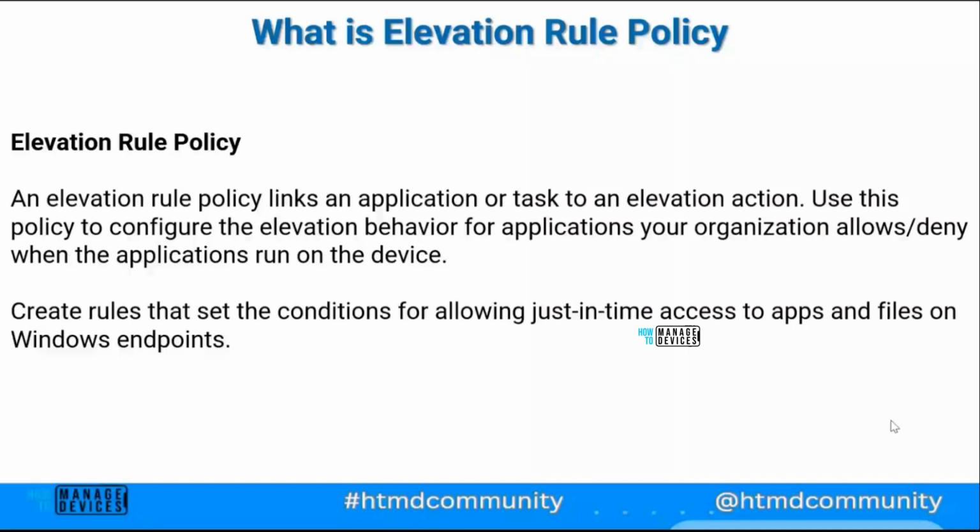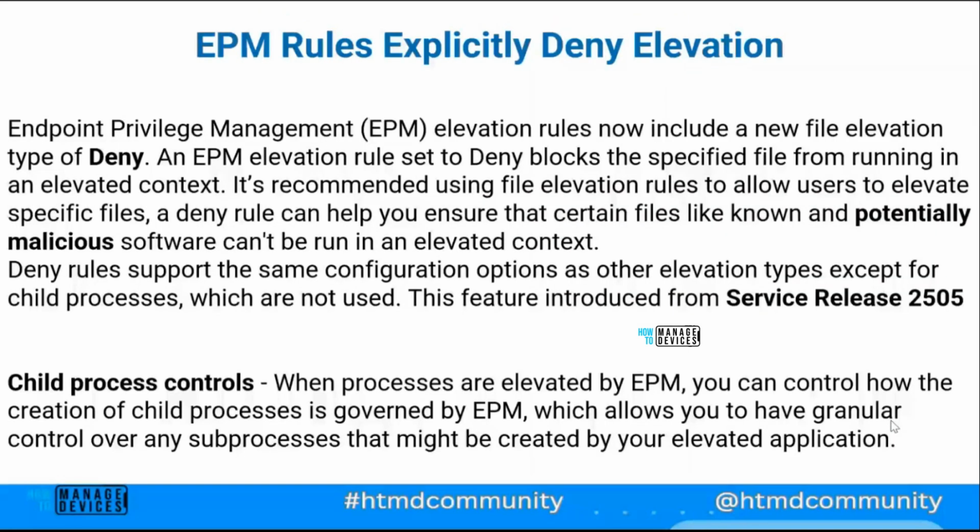And EPM rules can explicitly deny elevation. So this is the latest add-on. What exactly does it mean? EPM elevation rules now include a new file elevation type of deny. An elevation rule set as deny blocks the specific file from running in an elevated context, and it's recommended to use a file elevation rule to allow users to elevate specific files.